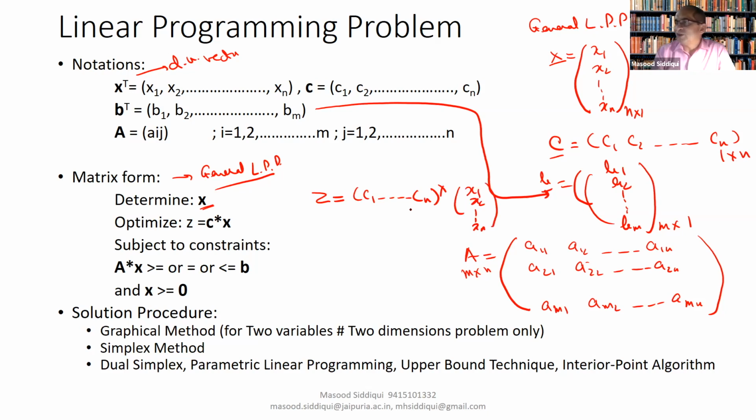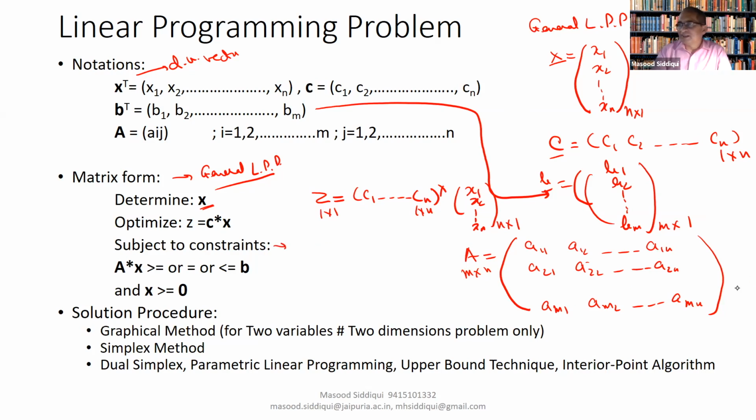Here the order is 1 cross n, and here it is n cross 1, so this will give a linear value of order 1 cross 1. This is optimized, meaning either maximized or minimized. Then we make it subject to the constraints.